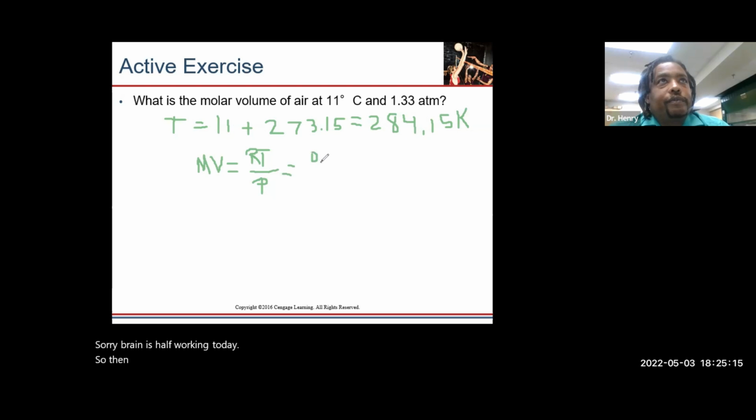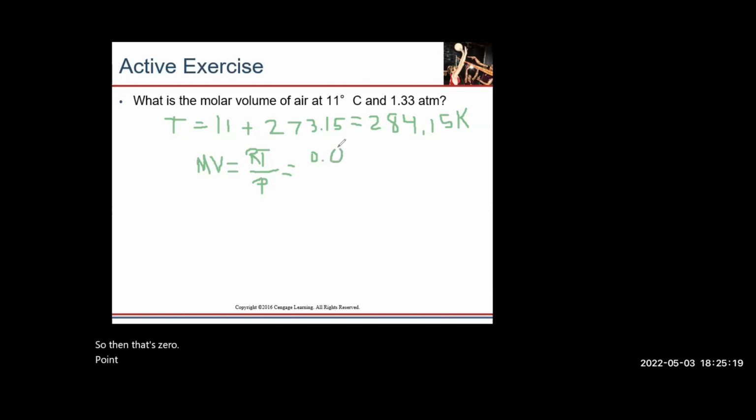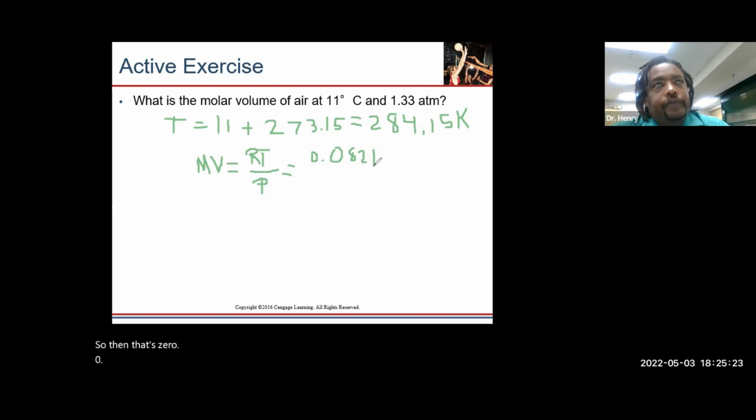So then that's 0.0821 atm liters over moles Kelvin, times 284.15 Kelvin, divided by 1.33 atm.